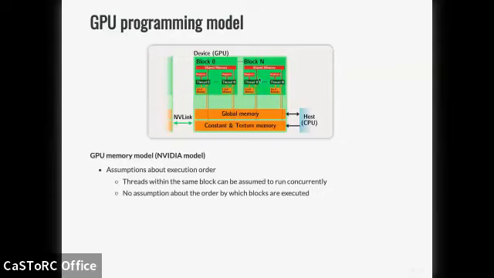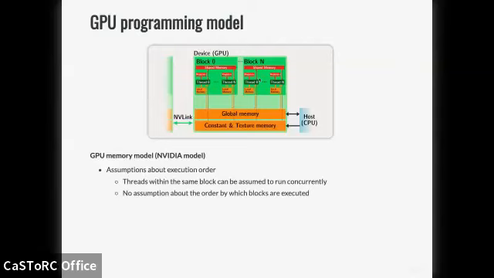What you can be sure about is that within a block, the threads have some concurrency. They begin at the same point and end at the same point, and then they can share that red memory. Okay, any questions up to this point?